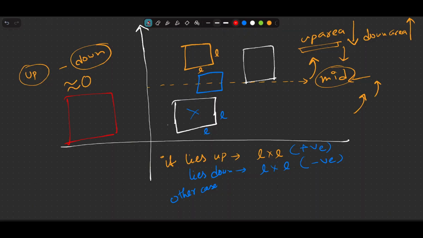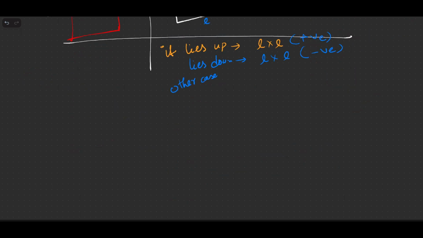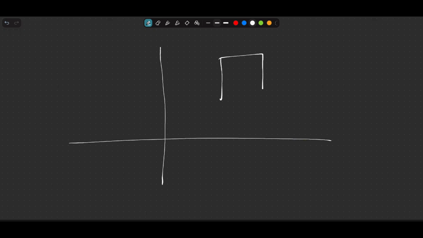So suppose this is a square and we cut it in the middle. Let me draw again. Let's see, if we have this square, we're cutting it at this point, this mid. We have this point as x comma y.